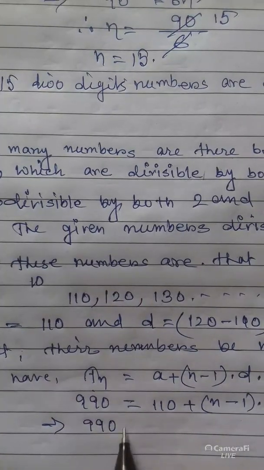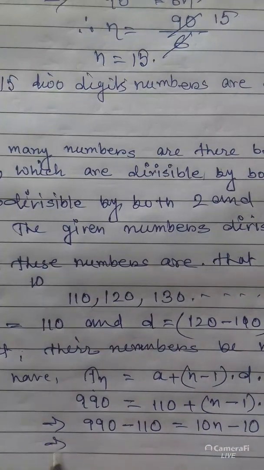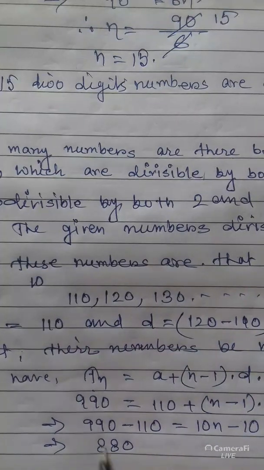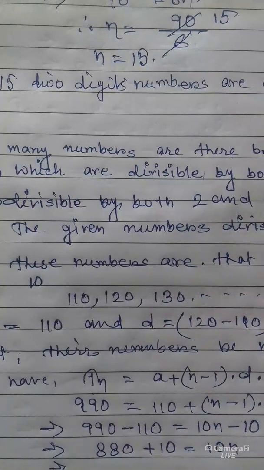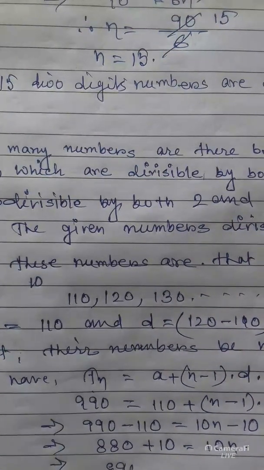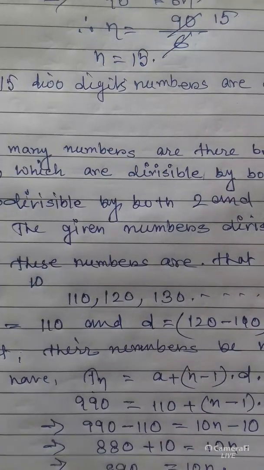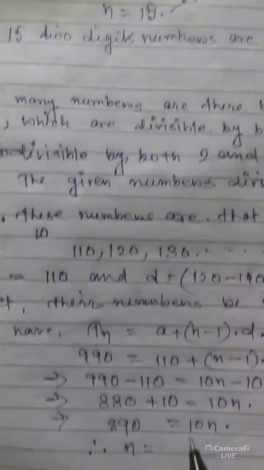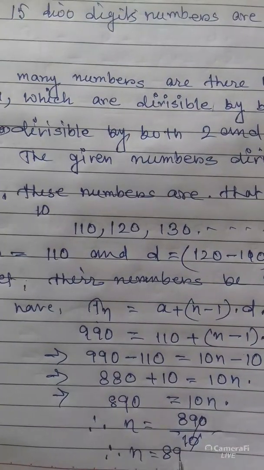Now 990 minus 110 equal to 10n minus 10. Now 880 plus 10 equal to 10n. Then 890 equal to 10n. Therefore n equal to 890 by 10 means n equal to 89.